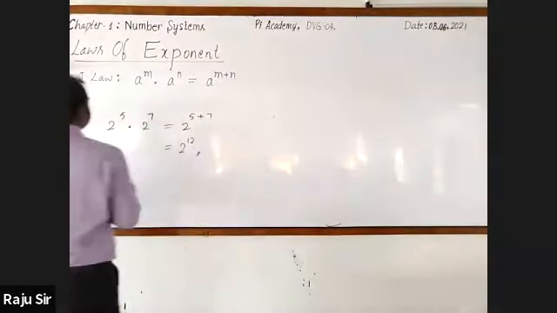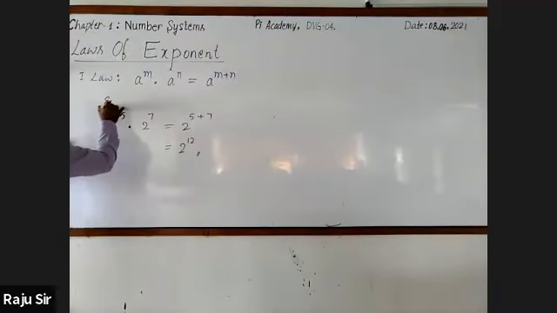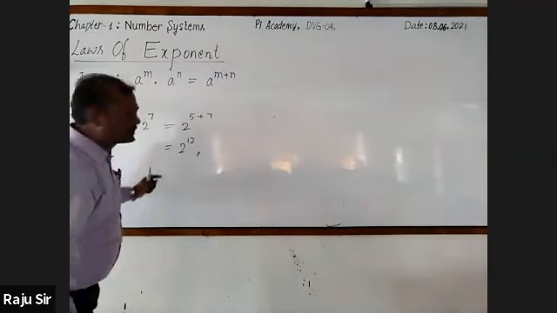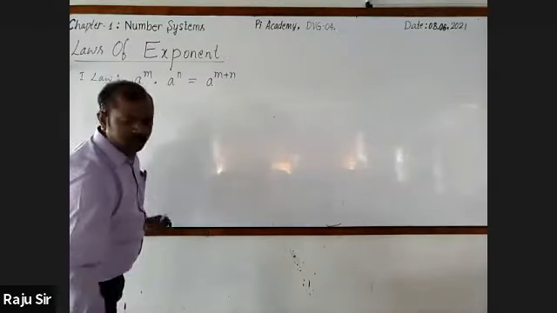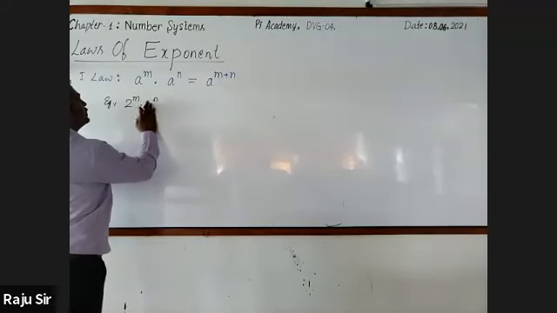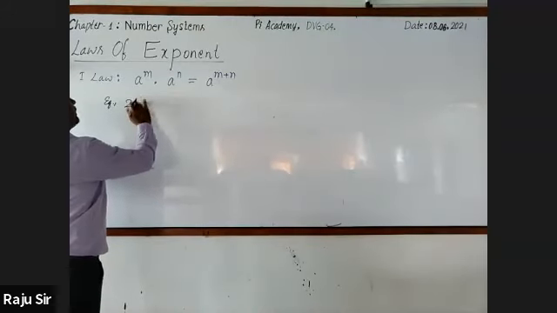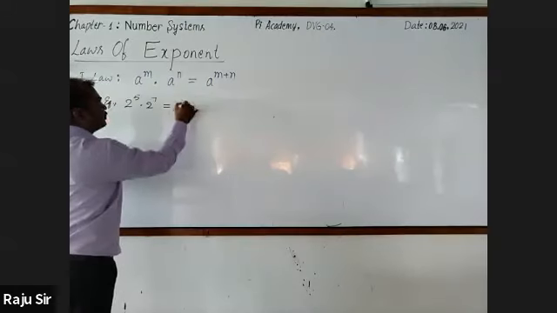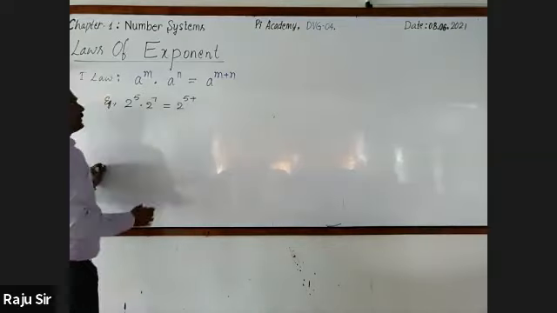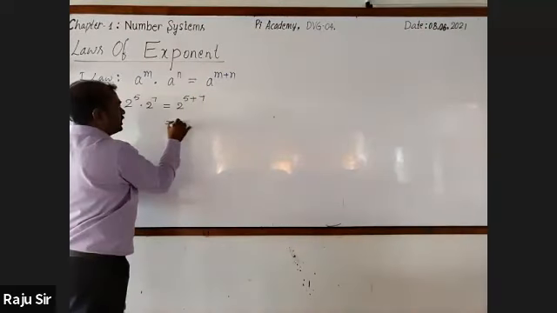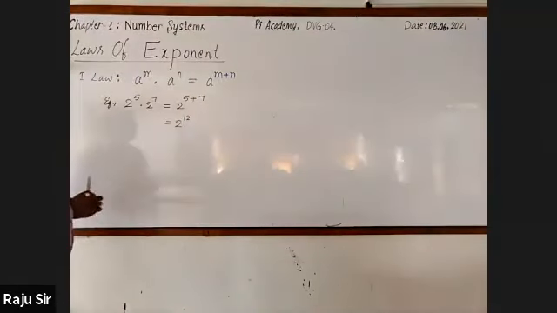And write an example for this. 2 raised to the power 5 into 2 raised to the power 7 is equal to 2 raised to the power 5 plus 7, which is equal to 2 raised to the power 12.